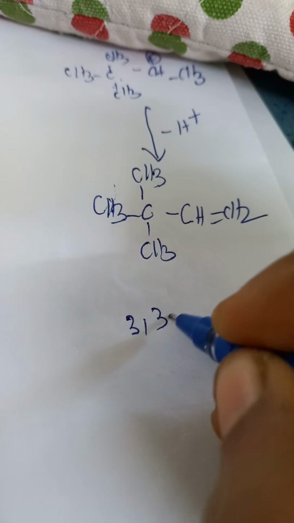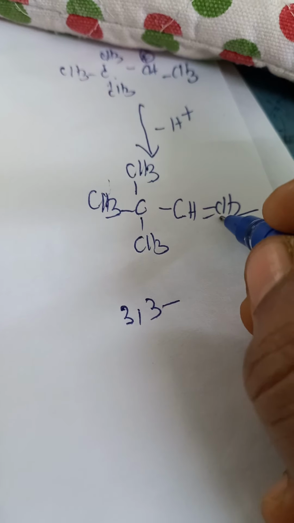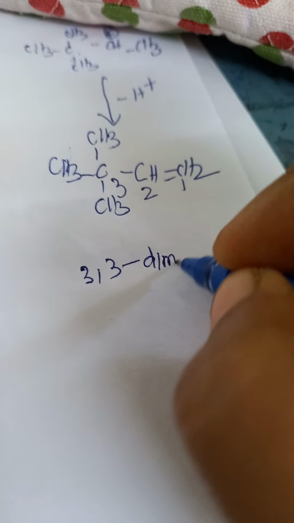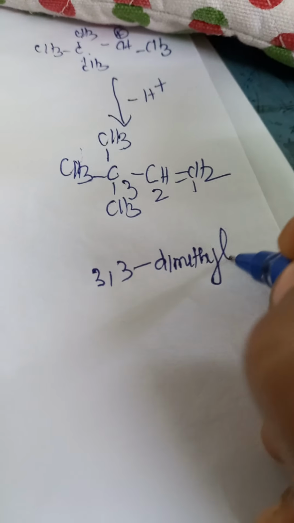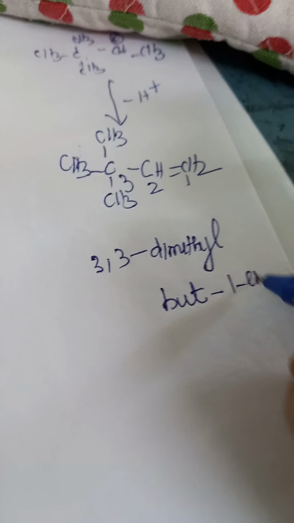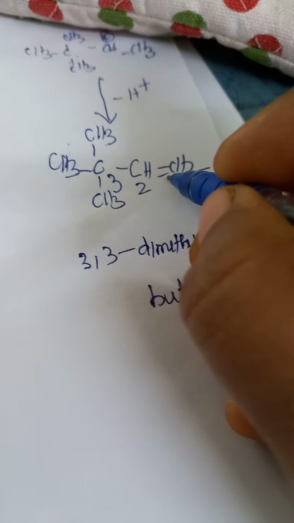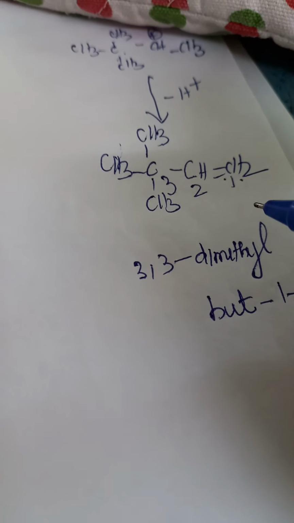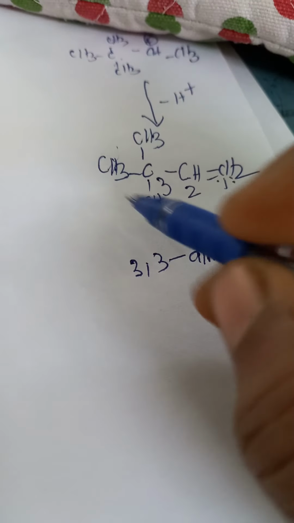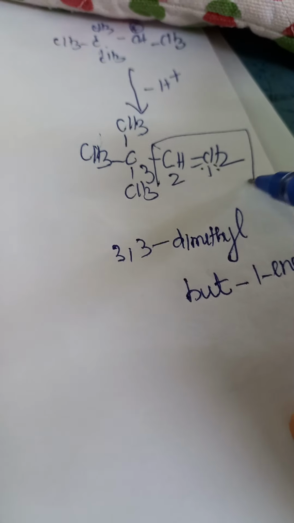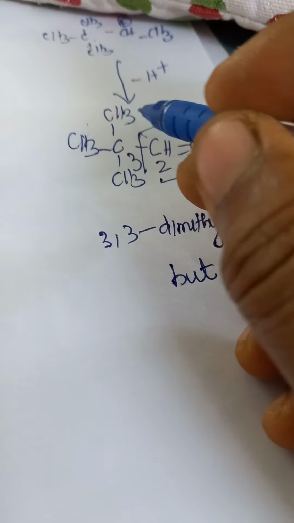The name is 3,3-dimethylbut-1-ene. The first carbon has the double bond. Here there is only one alkyl substituent about the double bond, only one alkyl, butyl.